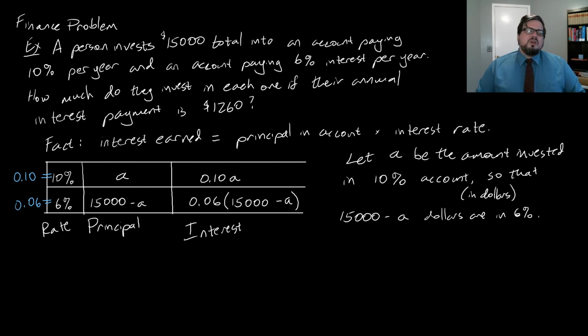So now we don't know exactly how much interest is earned in either account, but we can express that interest earned in each account, and we know how much is earned total.